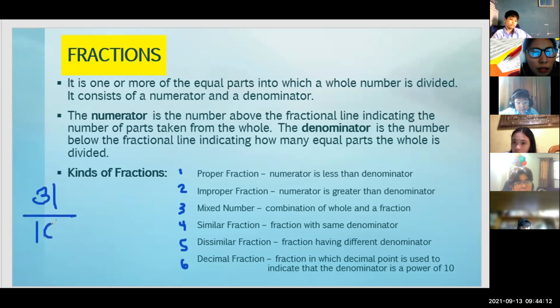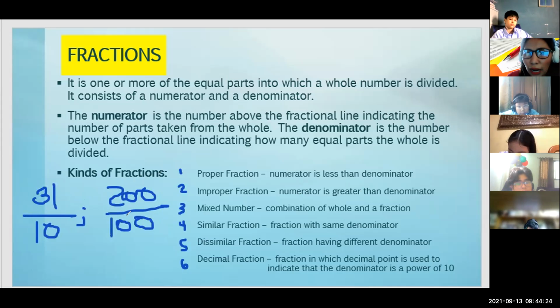Right, it's an example of improper fraction. What else? 200/100. It's not proper, right? Because it's called improper because the numerator is greater than its denominator.